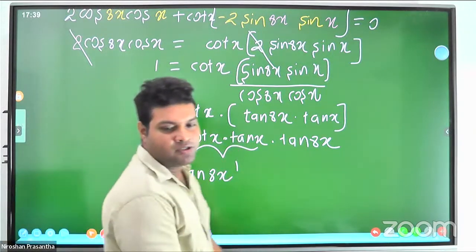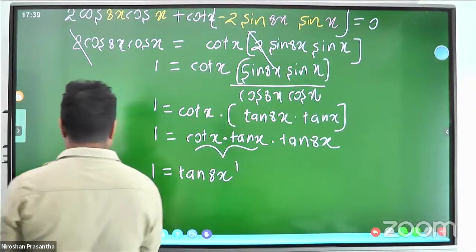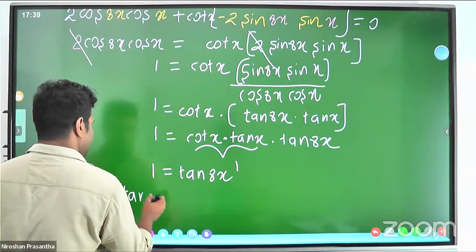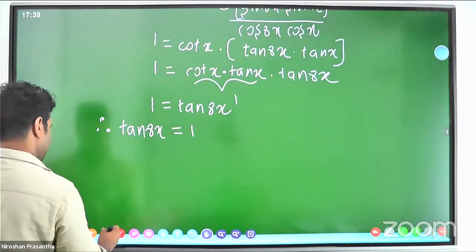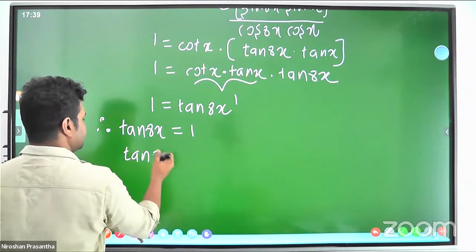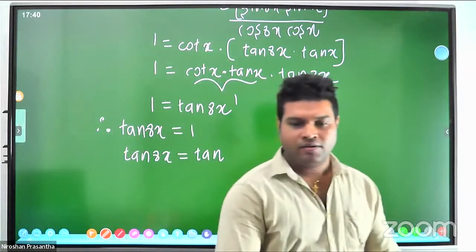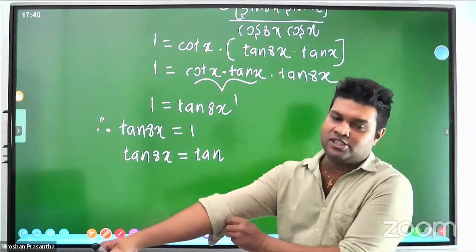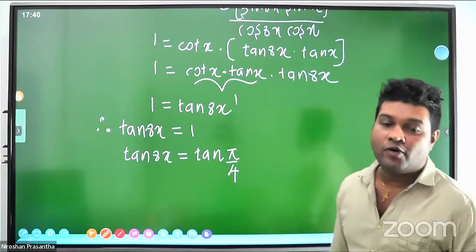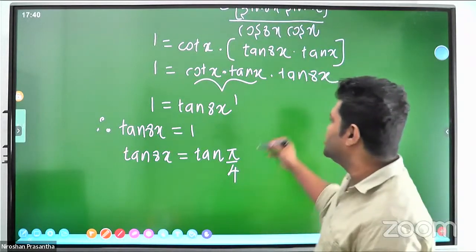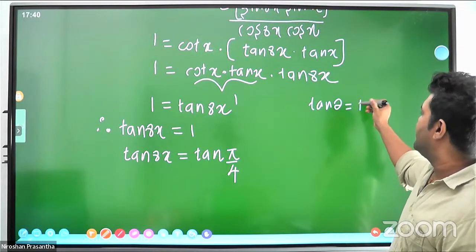Now you have to put the general solution for this. Therefore, tan 8x equals 1. Tan 8x equals tan of what? Where do we have 1 for tan? Tan 45, which is tan pi over 4. Then what's the general solution of tan theta equals tan alpha?